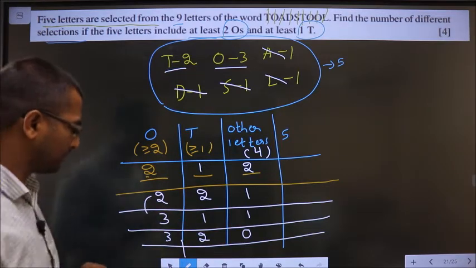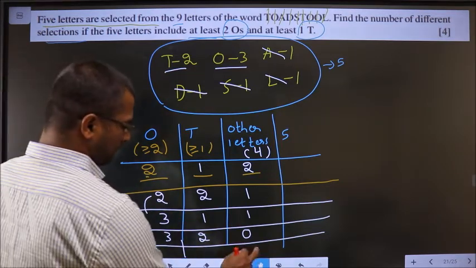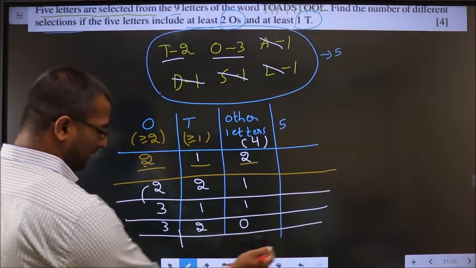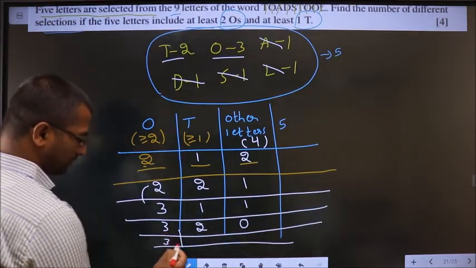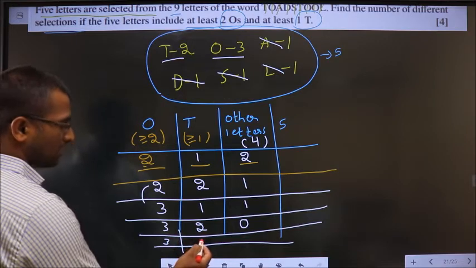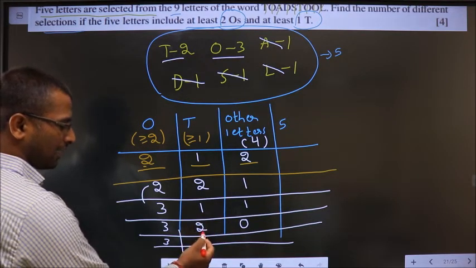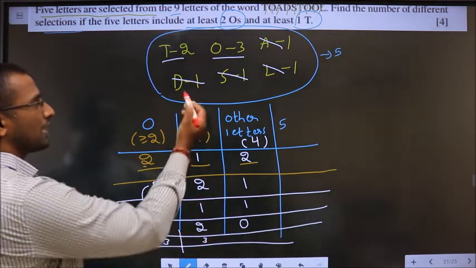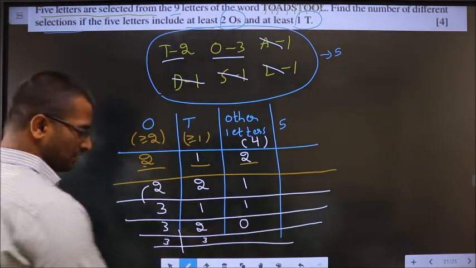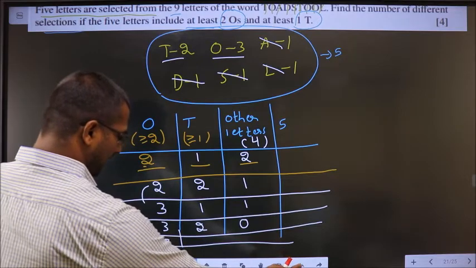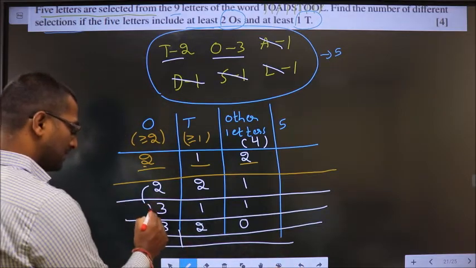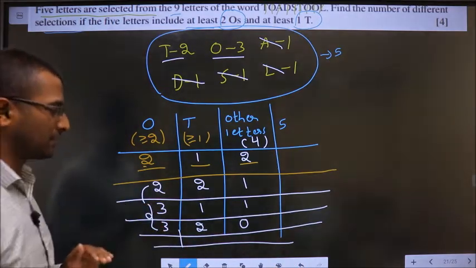Okay, next. If I take 3 here, and here also if I take 1 here, I cannot increase this to 3 because I don't have 3 T's. So what that tells me is with 3 also I have completed.